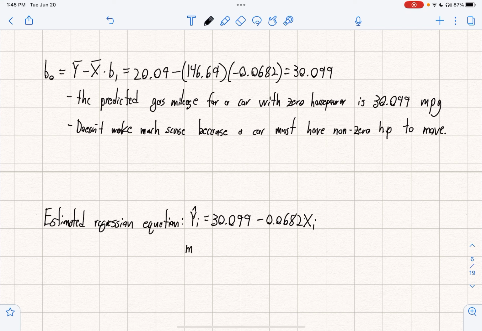Or if I wanted to use words, I might say miles per gallon hat is equal to 30.099 minus 0.0682 times horsepower.